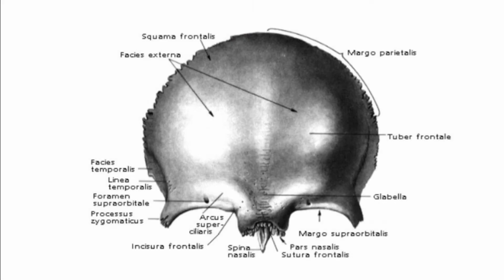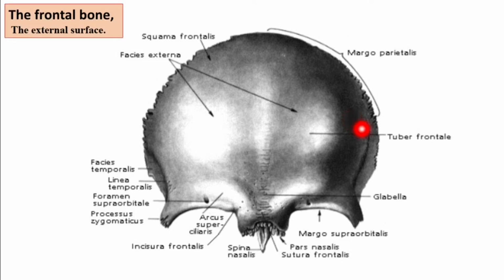This is the frontal bone, the external surface. On the external surface here, you can see the frontal tubercle, the tuber frontale. You can also see the squamous part, squama frontalis. And if you look down here, you can see the glabella.